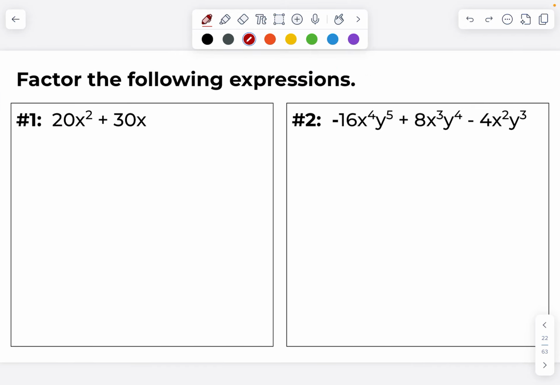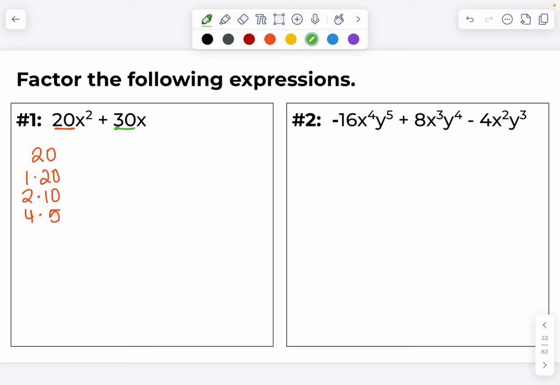So let's try this in practice now. We have some expressions, and these expressions have variables and numbers. So we're going to combine what we learned in those past two slides into these problems. If we look at number 1, I'm looking for the greatest number that divides into 20 and 30. The numbers that go into 20 are 1 and 20, 2 and 10, and then 4 and 5.